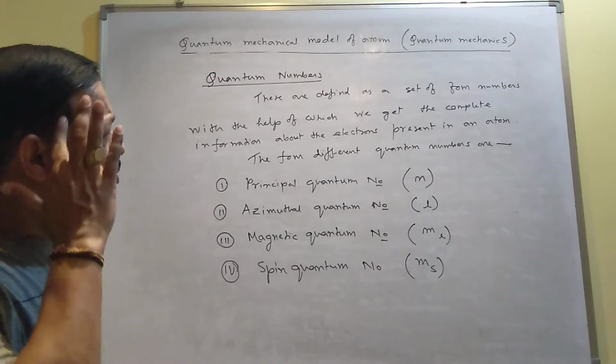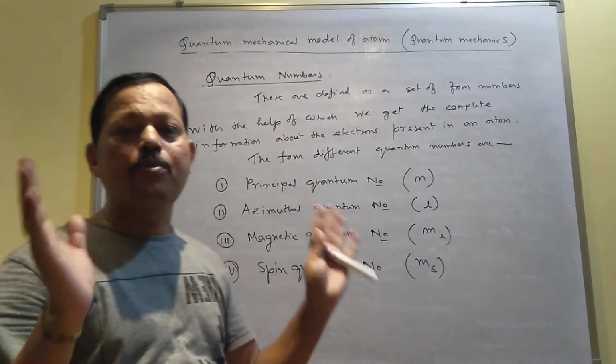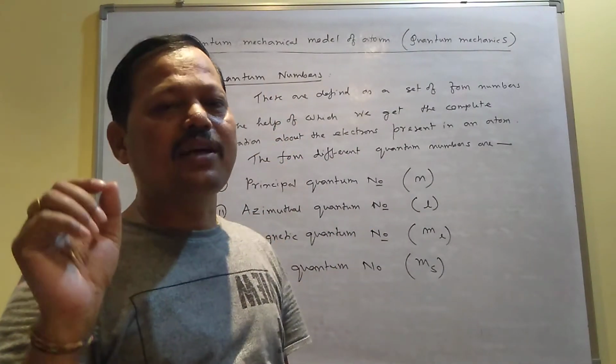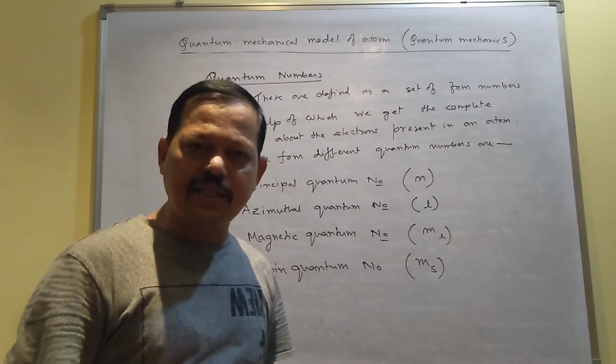Now, what are quantum numbers? Quantum numbers are some numbers from which you will get the complete information about the electrons present in an atom.